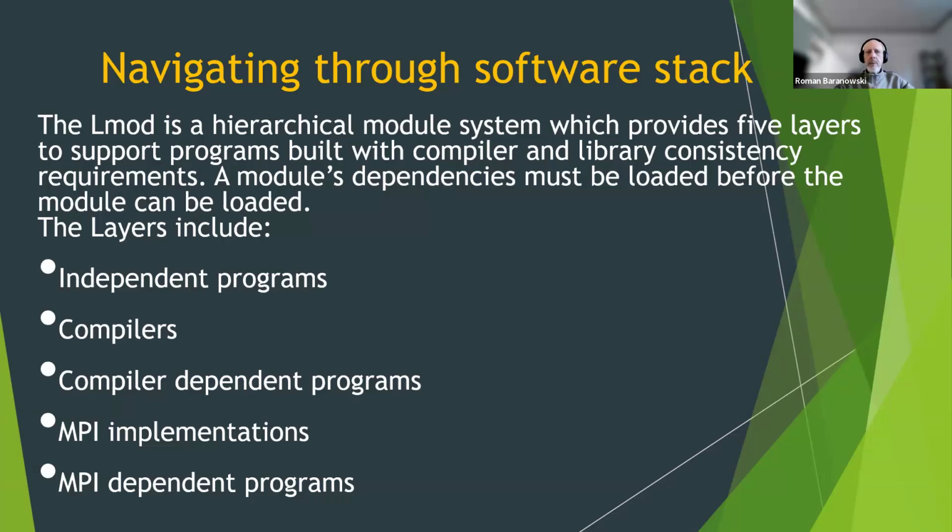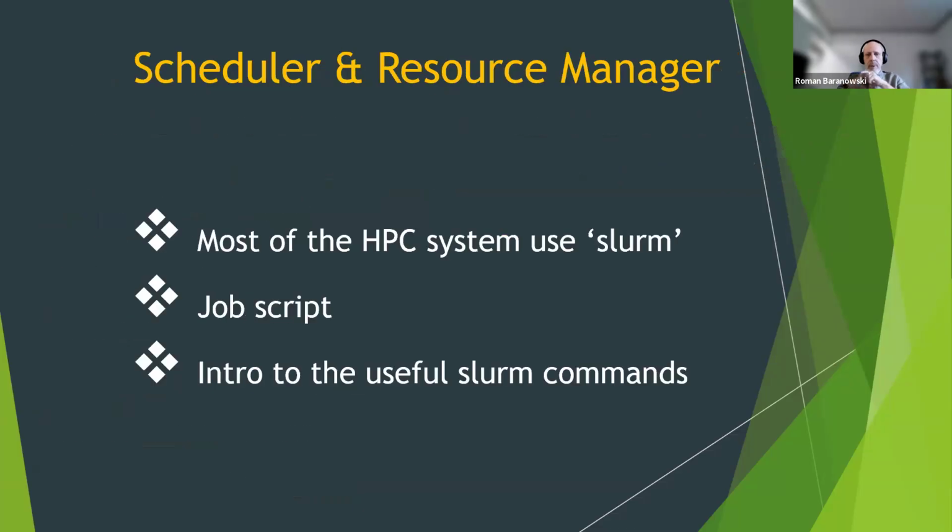We need another layer basically to grab all these different workflows and schedule them appropriately on the system to make the system agile, efficient, and fair for everybody. And most of the HPC systems right now within Alliance and within UBC, we are all using a system which is called Slurm.